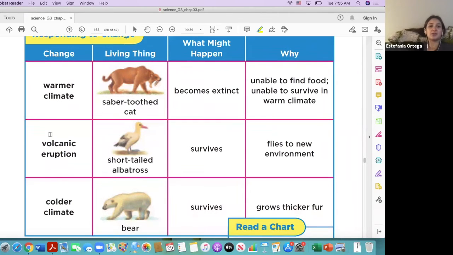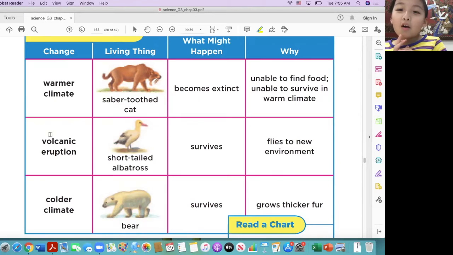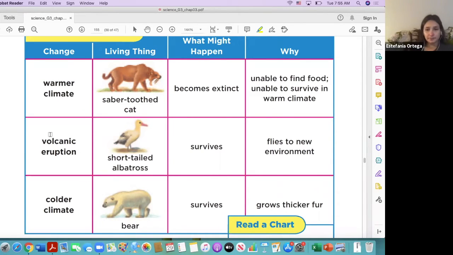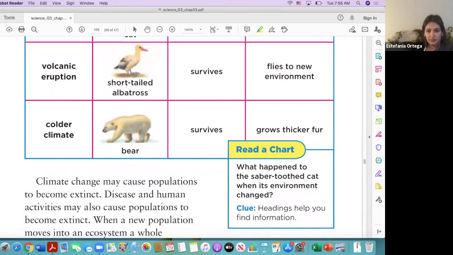Okay, let's see. What about the bear? What change happened? Cold climate. Survive again. Survives. Why does it survive? Grow thicker fur. Right, so it just starts to grow thicker and thicker fur, and that way it survives in the cold. Okay.